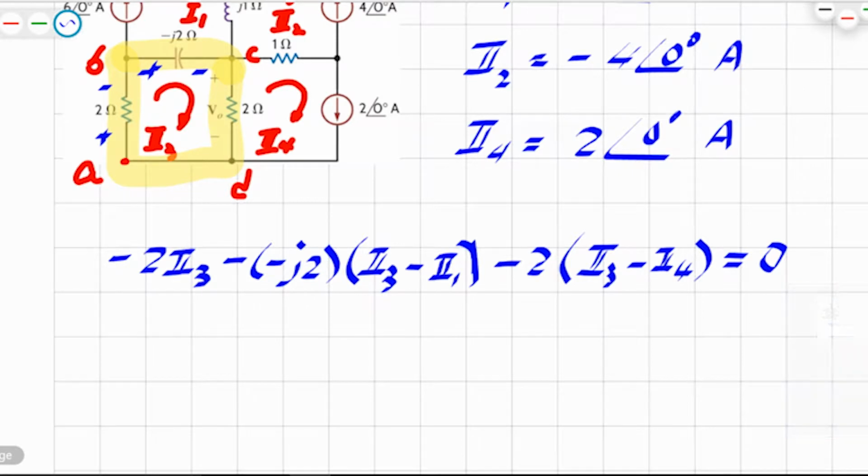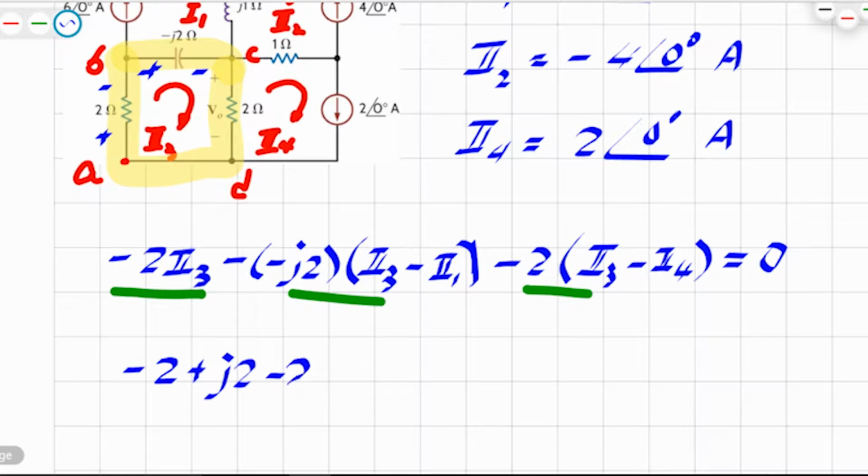Now, all we need to do is plug in the givens and isolate I3 to figure out what I3 is equal to. So let's gather all the I3s. This one is I3, this term is I3, and that term is I3. So we have negative 2 plus J2 minus 2, times I3.